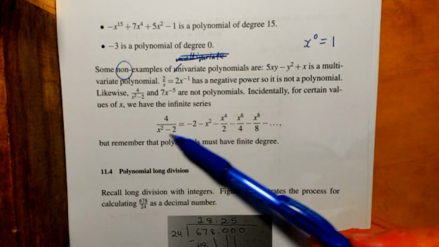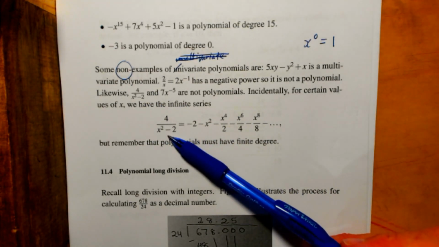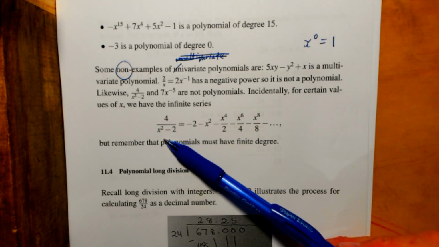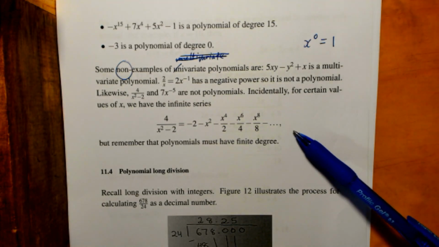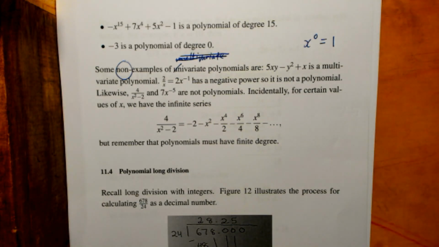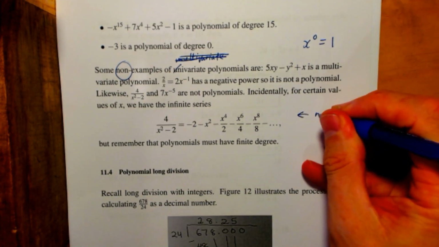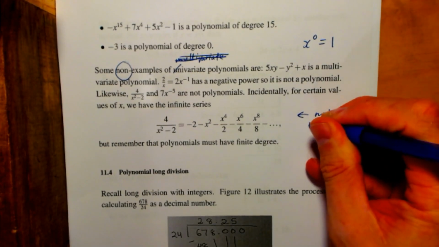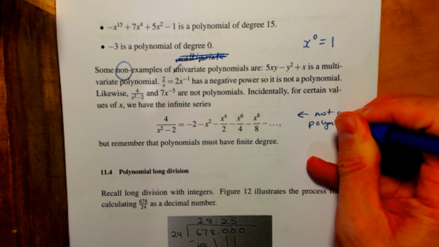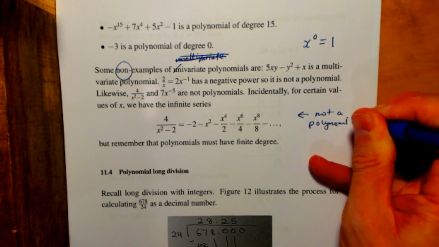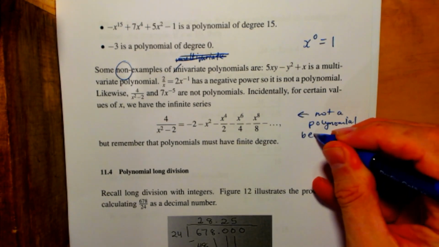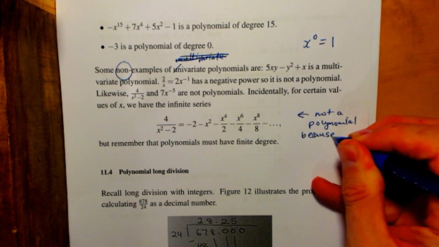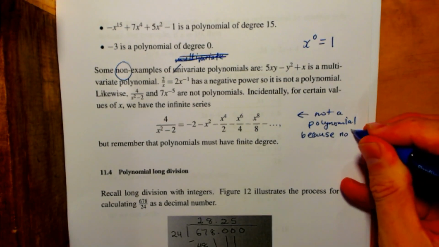All right. So incidentally, you can write this via Taylor series as an infinite sum or an infinite degree polynomial, but remember that's not a polynomial. And the reason why that's not a polynomial is because it's not finite degree.